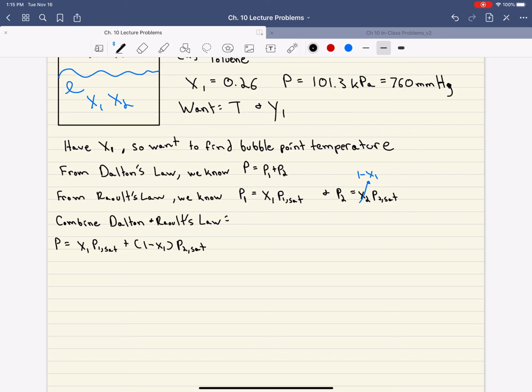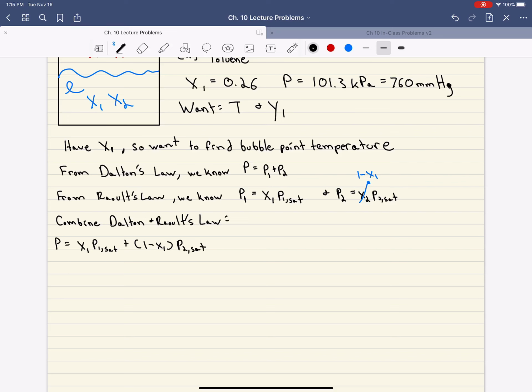We know this, and we know this as well. But what we don't know off the bat is what P1 sat and P2 sat are. P1 sat and P2 sat are going to be functions of temperature only.